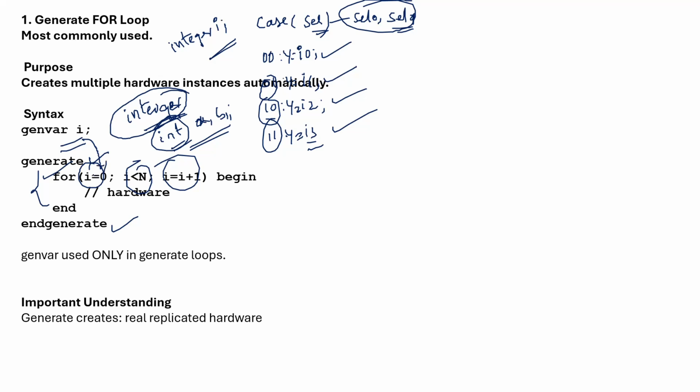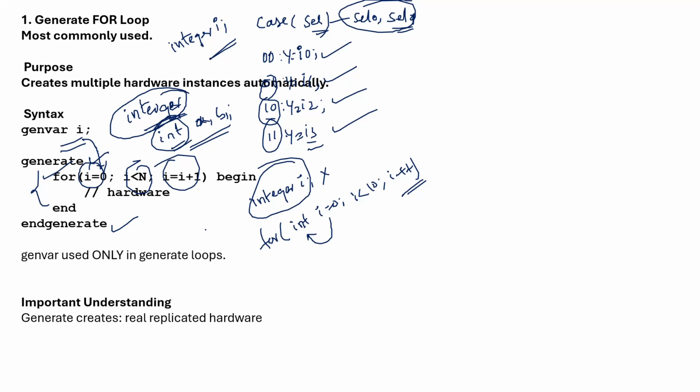Suppose in normal Verilog you are not declaring this integer i, then it is not written in your code. What is the for loop syntax? For int i equal to 0, i less than 10, i plus plus, in this way you need to write. Inside the for loop only you need to write int, then it will automatically take that integer i. If you forgot to write int inside the for loop, then you need to declare the integer i at the module level. Then your for loop will repeat.